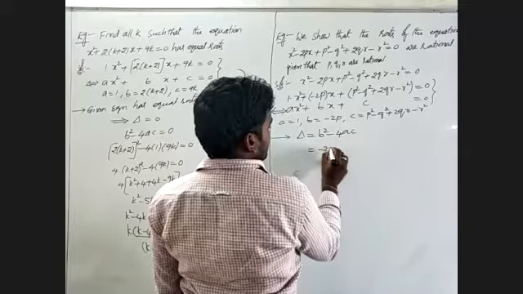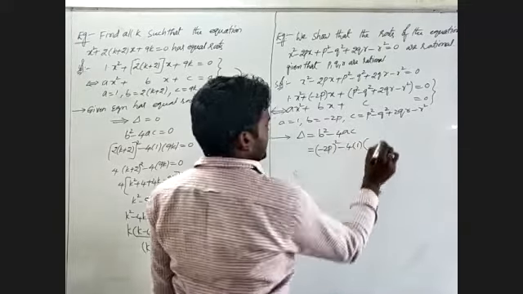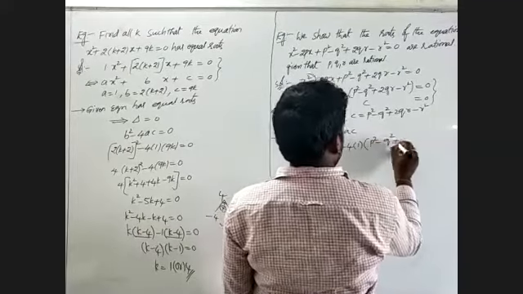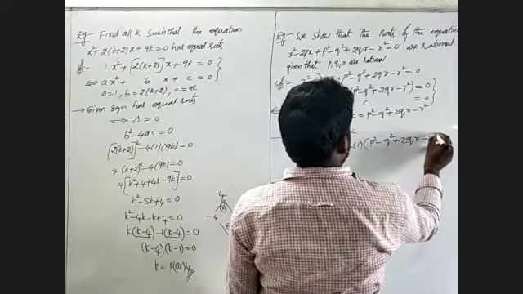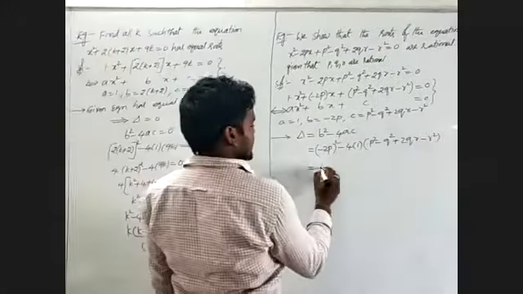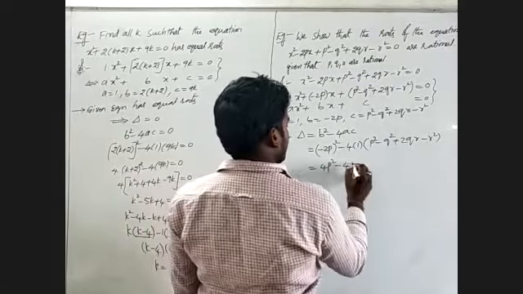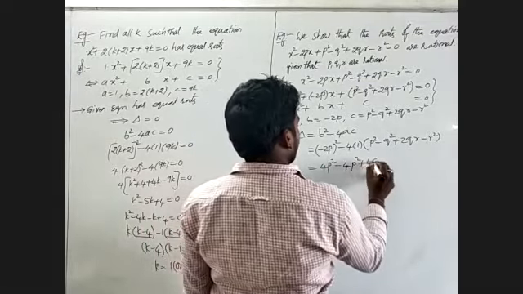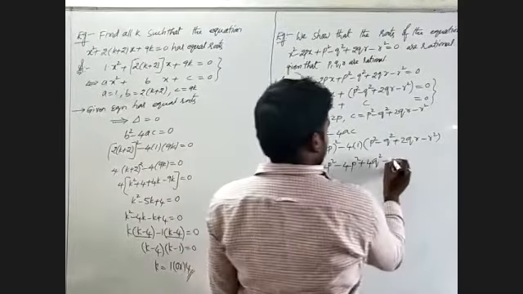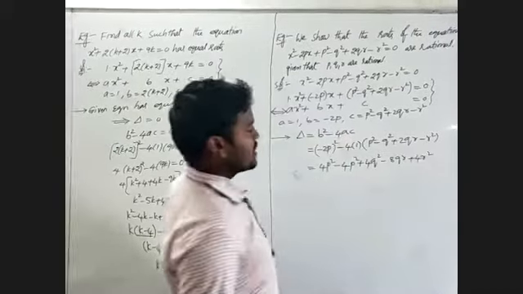Here we will write minus 2p whole square minus 4 into 1 into the remaining p square minus q square plus 2qr minus r square. I will expand this one: 4p square minus 4p square plus 4q square minus 8qr, minus into minus will become plus 4r square.